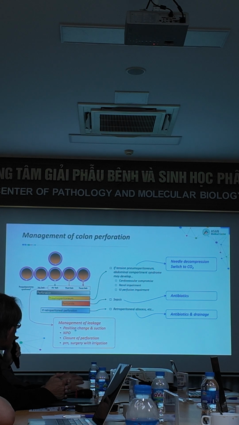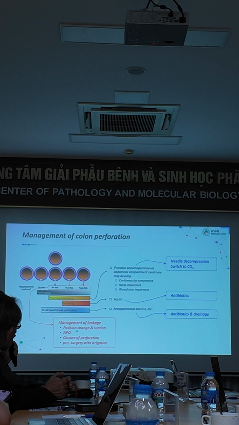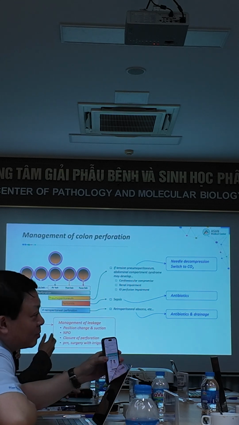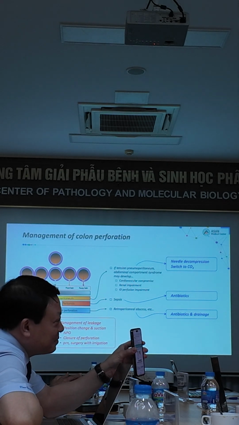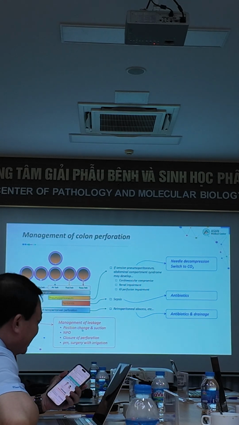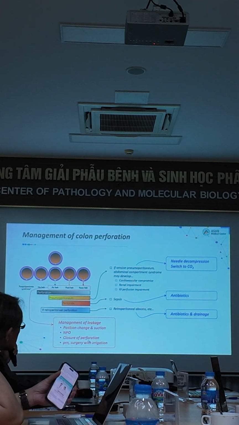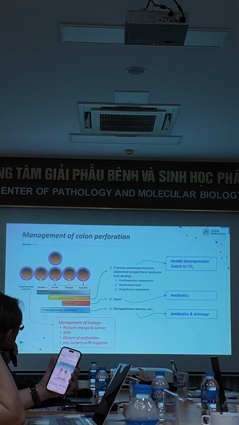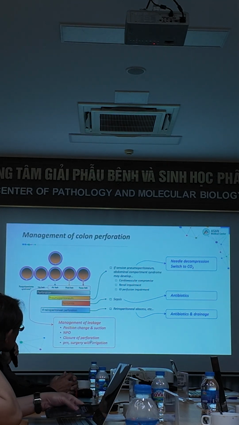So when perforation occurs, the patient position should be adjusted to make the perforation be located at the anti-gravity direction, so that the leakage of fecal material can be minimized. And then perforation should be closed endoscopically by using endoscopic clipping or something like that.